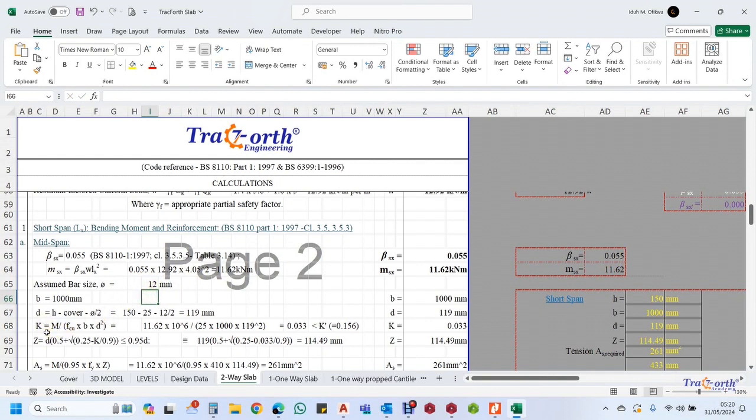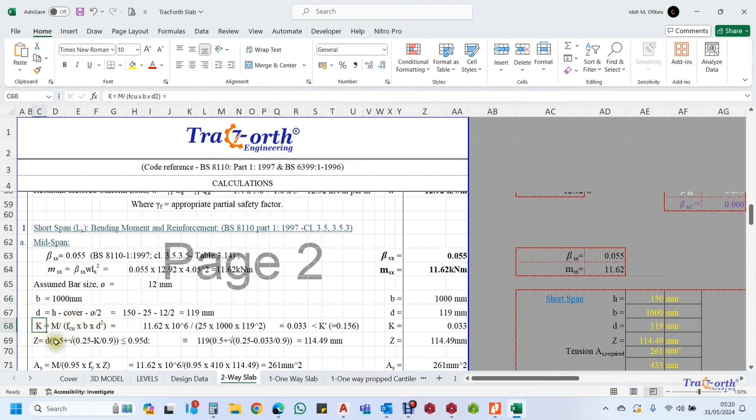So then, the moment factor, which we must test against the ultimate moment of resistance of the concrete, which is M prime, and the factor is usually pegged at 0.156.